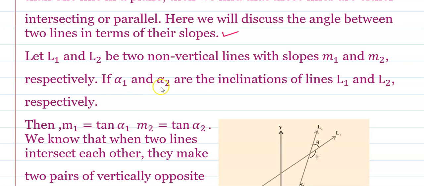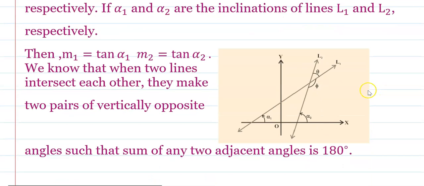Alpha 1 and alpha 2 are the inclinations of the lines L1 and L2 respectively. Now see here, the line L1 makes an angle of alpha 1 with the positive direction of the x-axis. L2 makes an angle of alpha 2 with the positive direction of the x-axis.